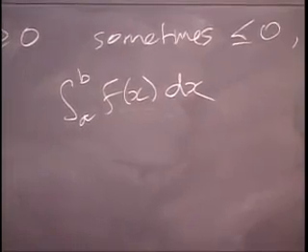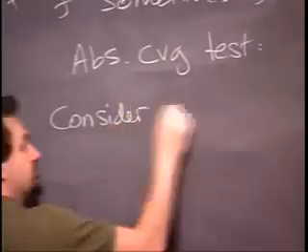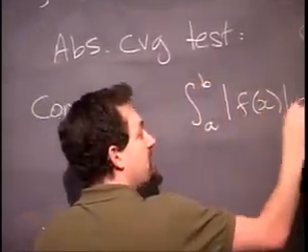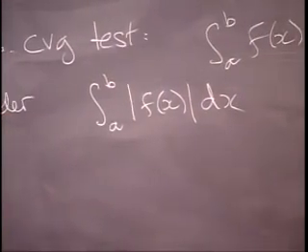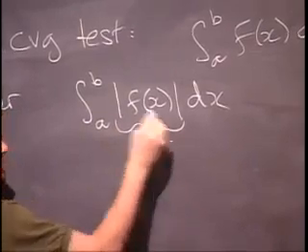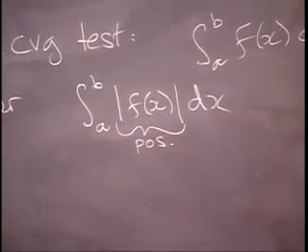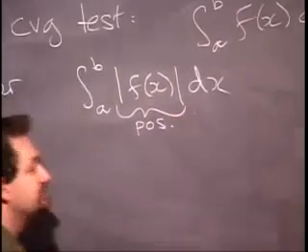What does it say? Well, consider instead the integral with the absolute value. Well, this is now positive. So you can use comparison, limit comparison. You've got all the tools available. So this is positive.